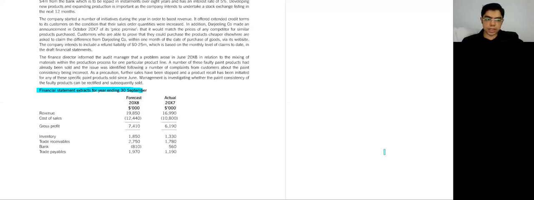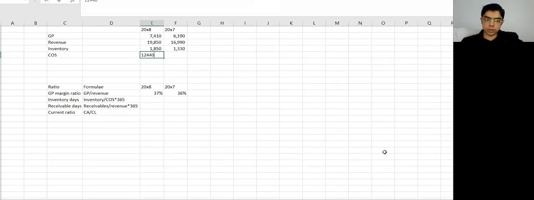What about the cost of sales? 12440, 10800. So this is your inventory multiplied by 365 divided by your cost of sales, and you arrive at your inventory days. Just copy paste this formula, and you arrive at your inventory days for the prior period.